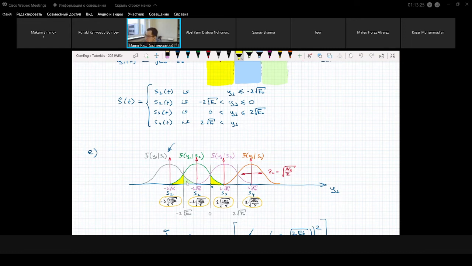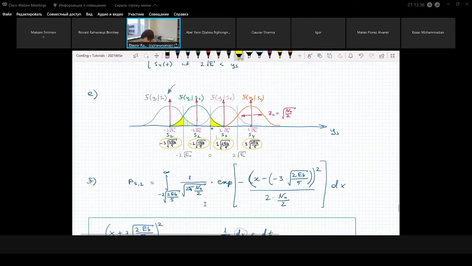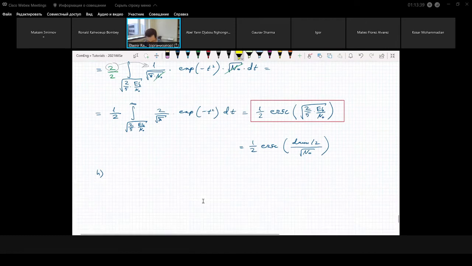We have to take this fact into account when we calculate the average symbol error rate for this transmission. So I'm going to write the probability of symbol error for different transmissions. When we transmit signal S1, we have the possibility that we received signal S2 while we transmitted S1.